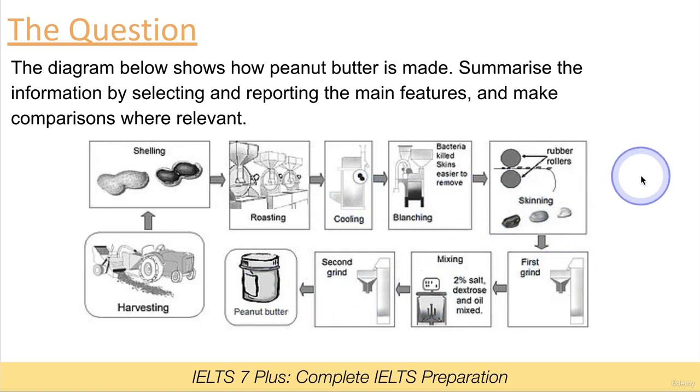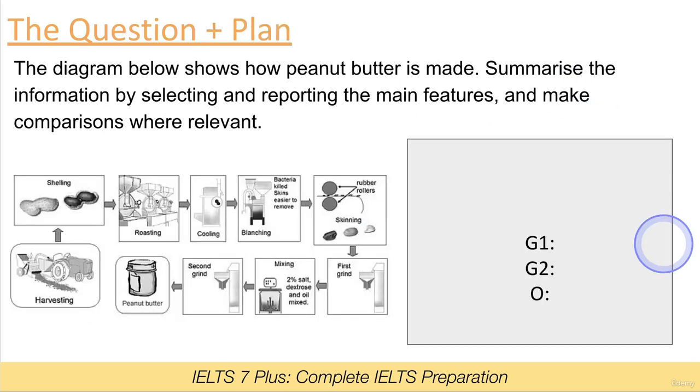Okay, so this is, on the other hand, a man-made process where peanut butter is being produced. Materials are added. Equipment is being used, which we'll talk about. Okay, right, so completely different process this time.